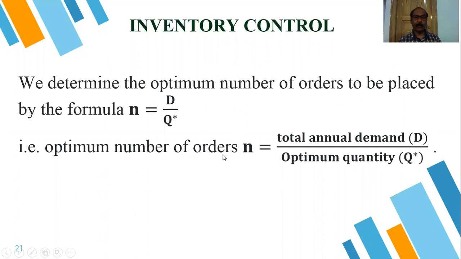That is optimum number of orders N equal to total demand, which is known to us for this model, and optimum quantity we already found out from model 1, Q star, we will get that.